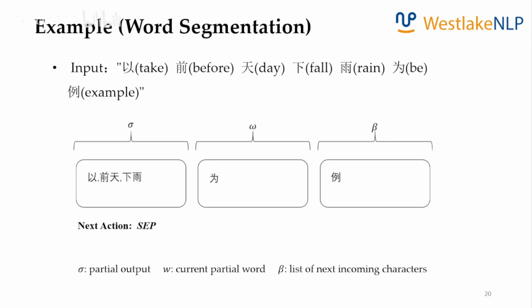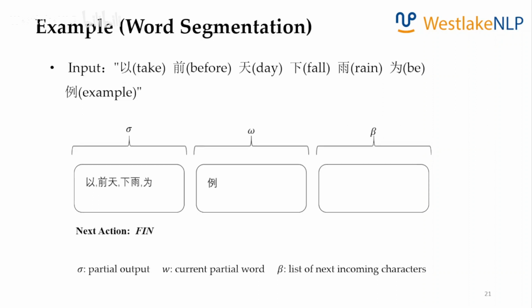And then the next action is again separate, because the 6th character Wei is "for", and the 7th character Li is "example". Right? So after we have handled everything, we can apply a unique action called finish, to put the final character also onto sigma and finish.